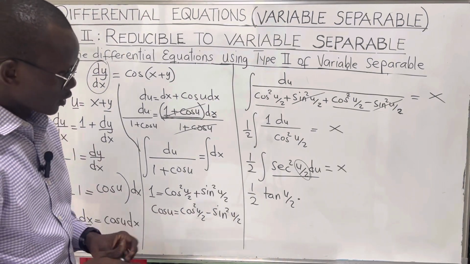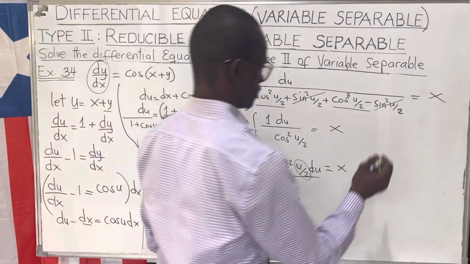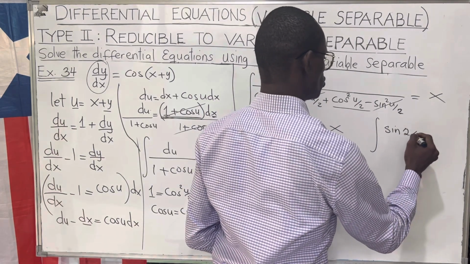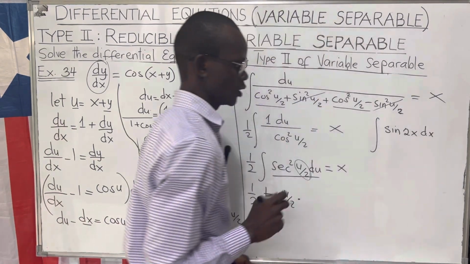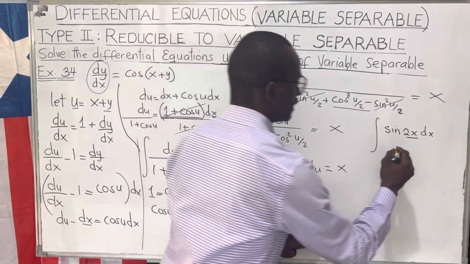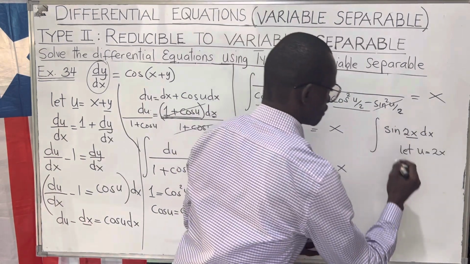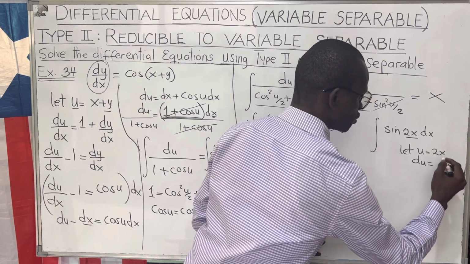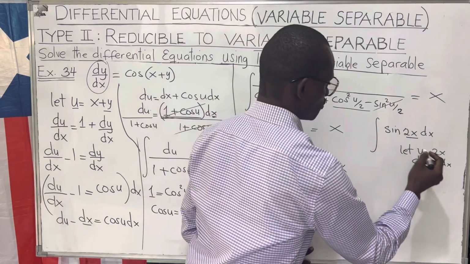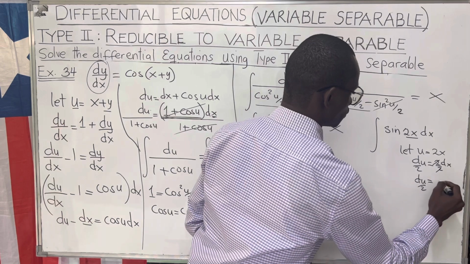Now, if you were asked to integrate, for example, the integral of sine of 2x dx, and you don't know the direct formula, you can say let u equals 2x such that du equals 2 dx. So now if you replace it, you divide this out by 2 first and replace dx.